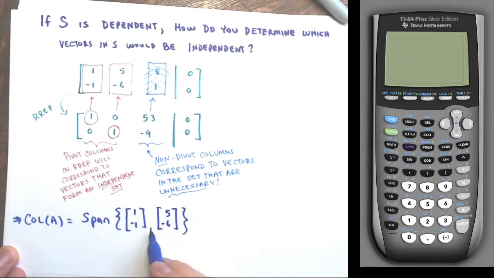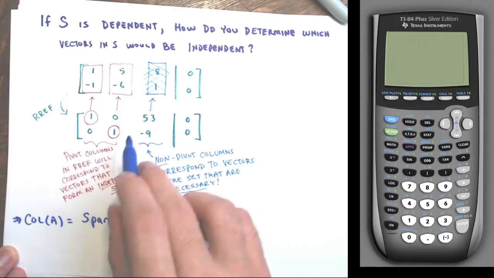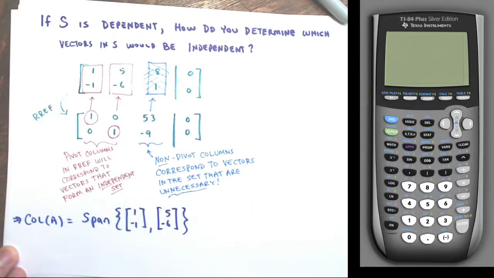Because again, this set of vectors spans the space, of course, by definition. Every vector in the column space of A can be written as a linear combination of these two, and these two are independent, as we've seen, with the little reduced echelon form session there. Or you could just say, hey, there's only two vectors and they're not scalar multiples of each other, so they're independent.